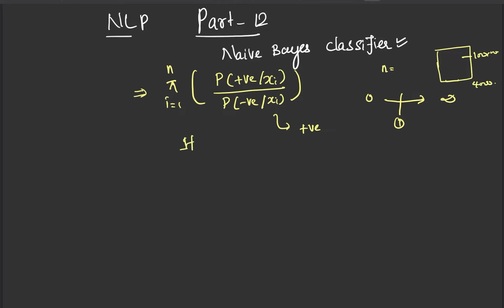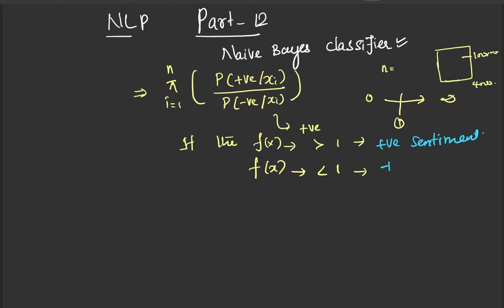If the final score f of x is greater than 1, then it is a positive sentiment. On the other hand, if f of x is less than 1, then the given sentence has a negative sentiment.